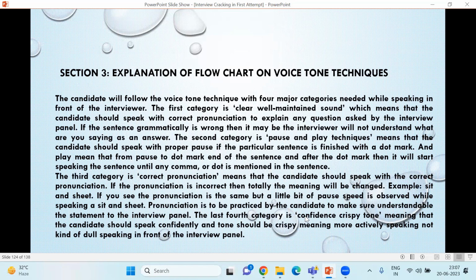The fourth category is confident crispy tone, meaning the candidate should speak confidently and the tone should be crispy, meaning more active speaking, not dull speaking in front of the interview panel. Section 3 is talking about how, when you are speaking or explaining, wherever there is a dot or punctuation like a comma, we need to pause, and then start delivering the next sentence. Now we'll move to the next slide.